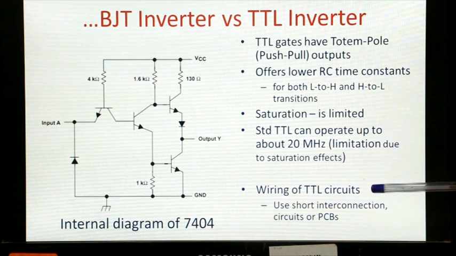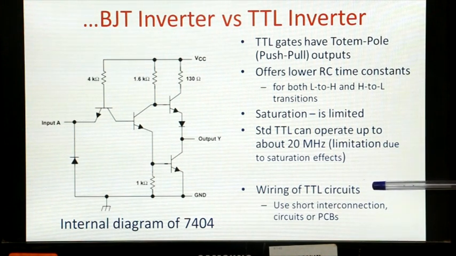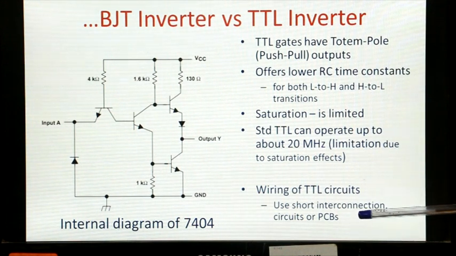Be very careful when you wire TTL circuits, and use short interconnecting wires. Up to about 1 megahertz maybe it's okay, but beyond 1 megahertz, when you are working on a breadboard, you need to use very short wires, or use printed circuit boards or PCBs. That's the best way to get the best performance.